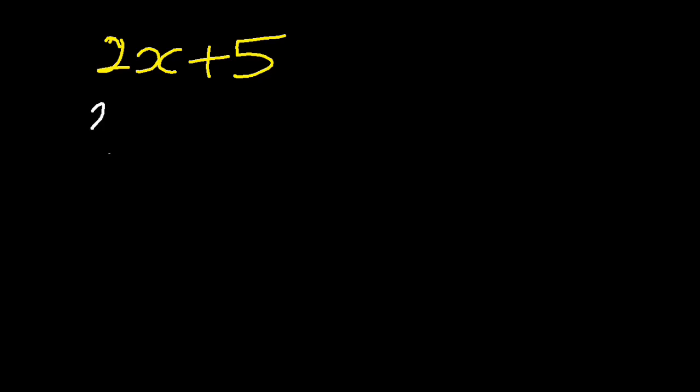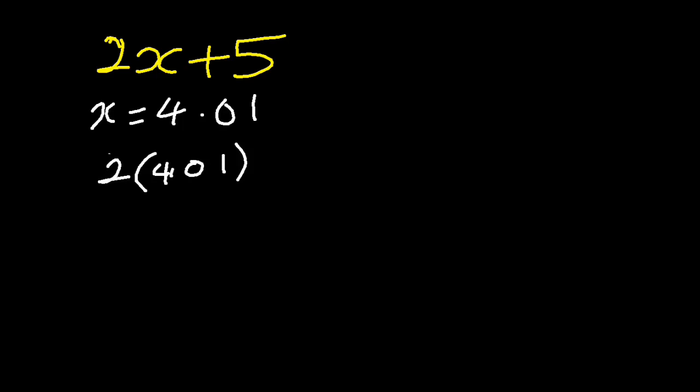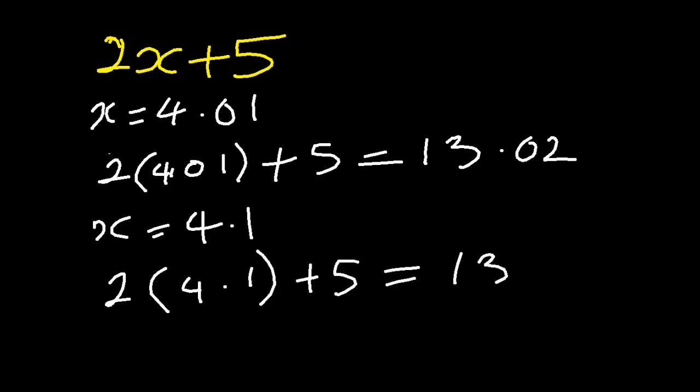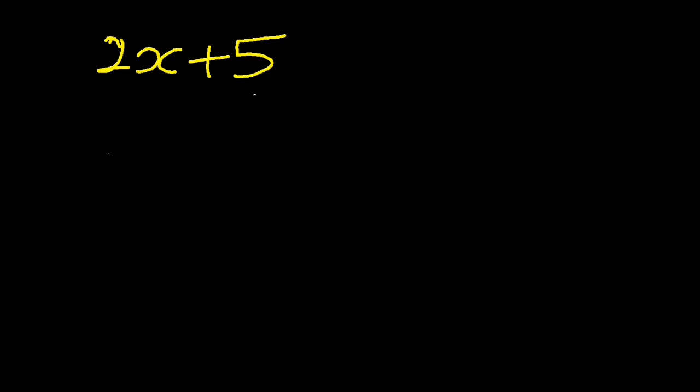And when x is equal to 4.01, therefore 2 into 4.01 plus 5 will be equal to 13.02. Then when x is equal to 4.1, we have 2 into 4.1 plus 5, which is equal to 13.2. Now let's check it together.